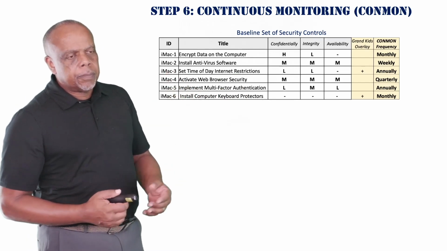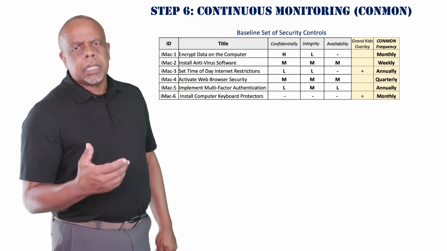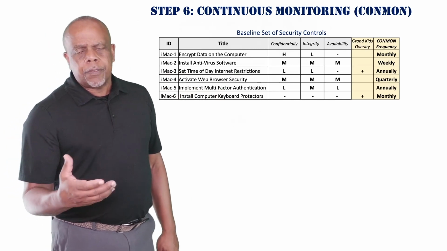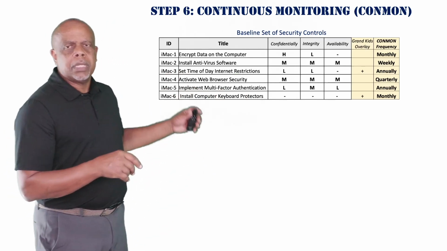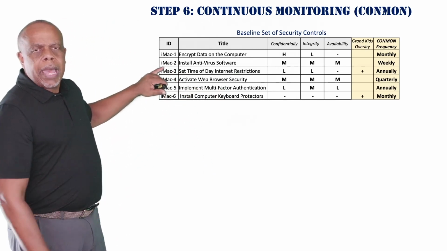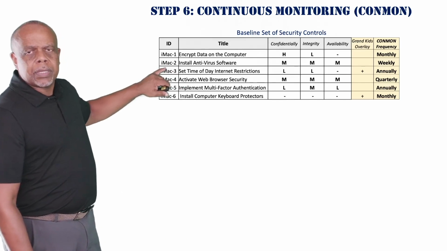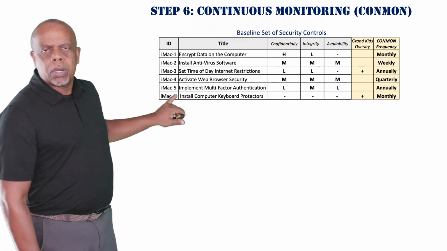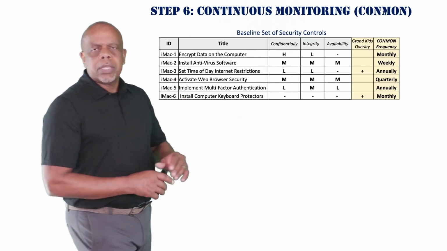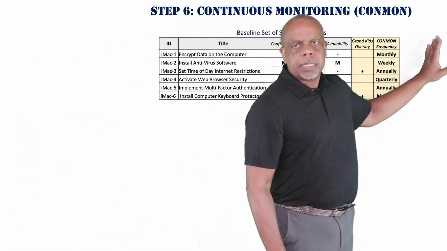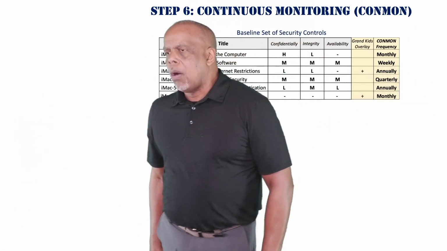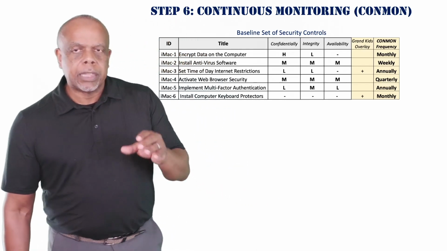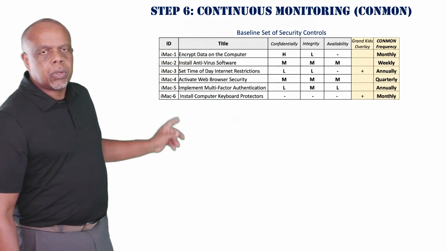Yeah, I'm going to look at the data vault, be sure that hard drive is still being encrypted. My IMAC 2, I'm going to look at that weekly, antivirus. IMAC 3, annually. IMAC 4, quarterly. So you see down the line, as part of our control set, I can see how often I am going to look at the frequency of each of those controls.